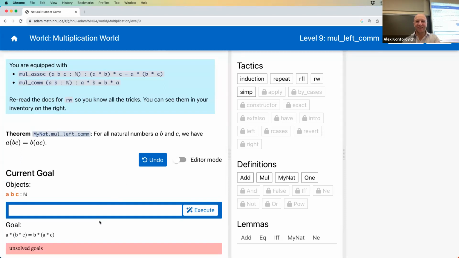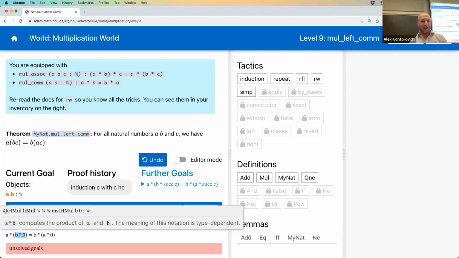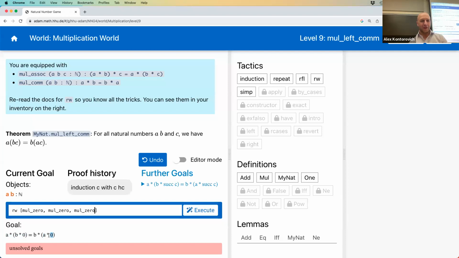Okay. We're still in multiplication world. We have to prove that multiplication is associative. What should we do? The only word we know, induction c with hc. Okay, mul_zero, and I think I need one more mul_zero. This mul_zero is going to make that a 0. That makes that a 0. This, I need one more.